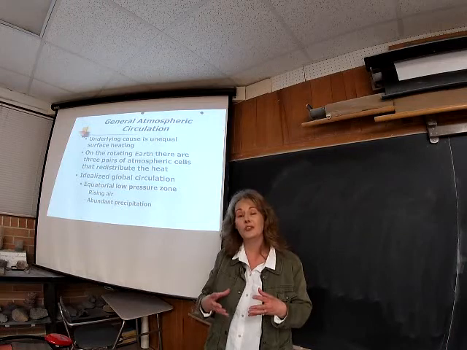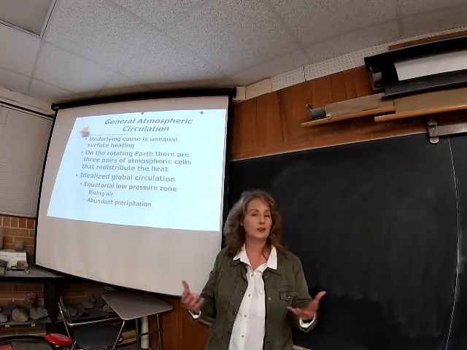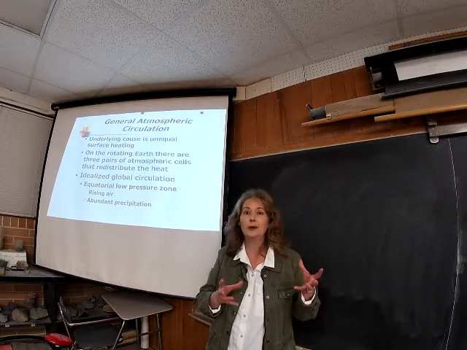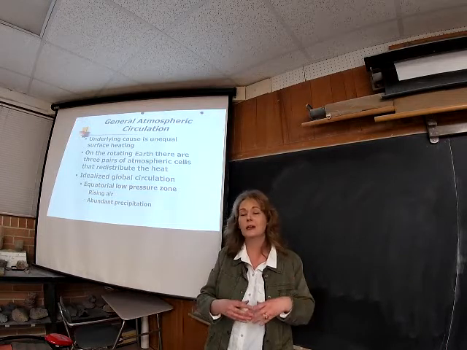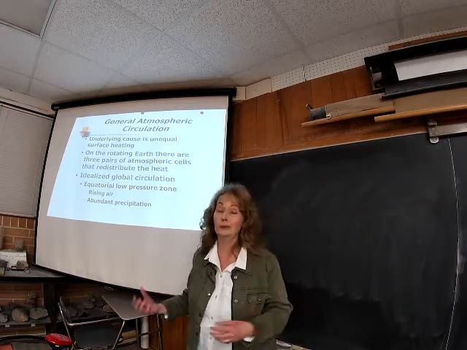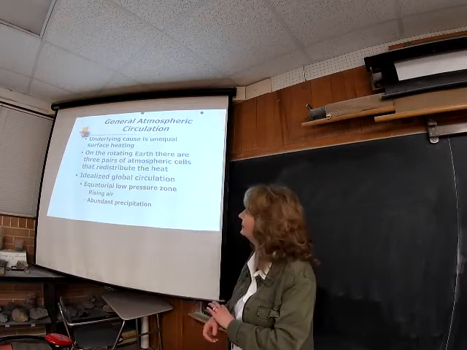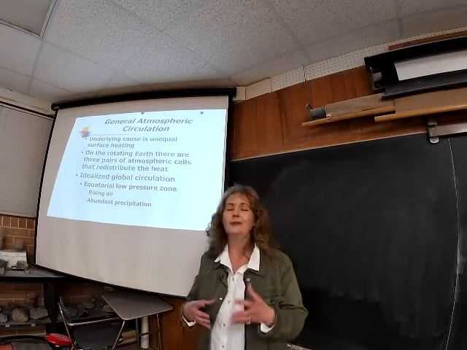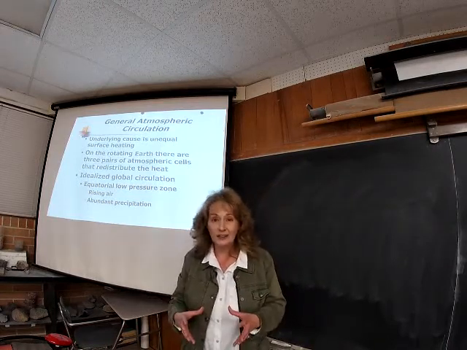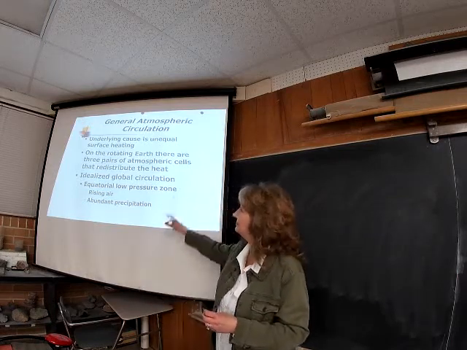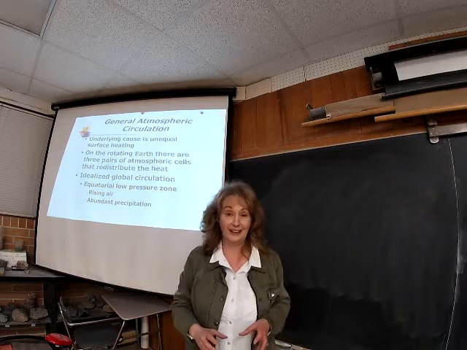We're going to look at the general atmospheric circulation as a whole. So we do have some kind of semi-permanent high pressure systems, kind of semi-permanent low pressure systems globally. So let's think about this globally. The general atmospheric circulation. Of course, the underlying cause of this variation of the high pressure, low pressure is unequal surface heating.